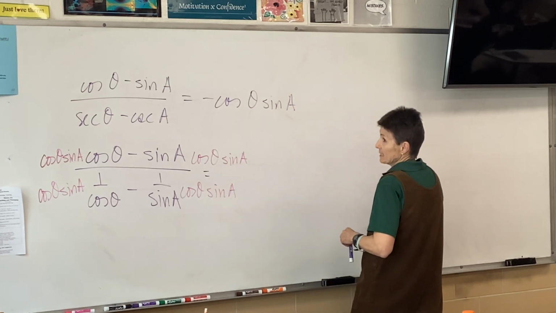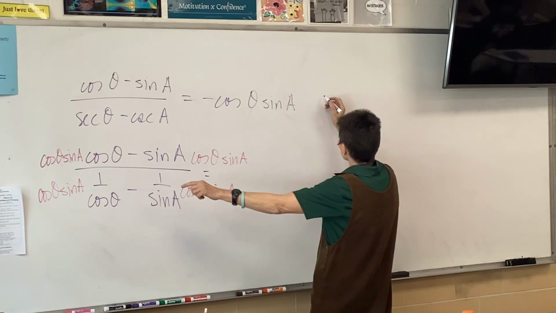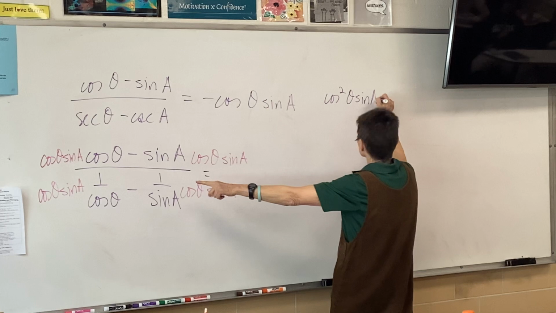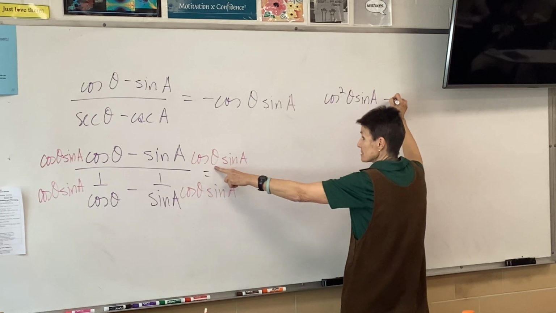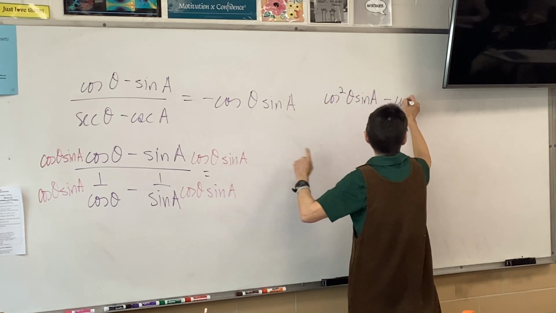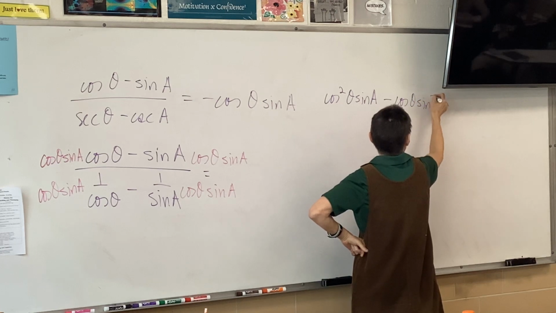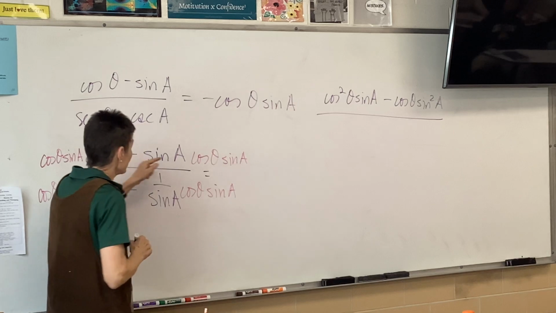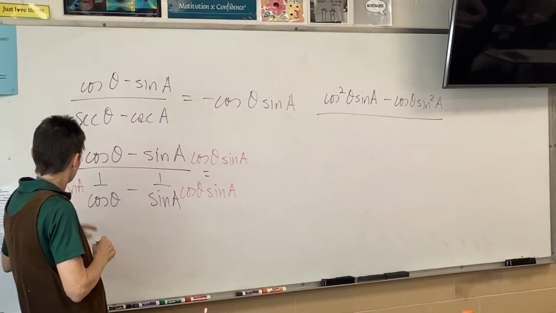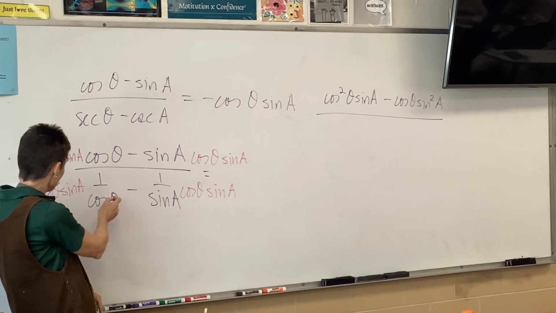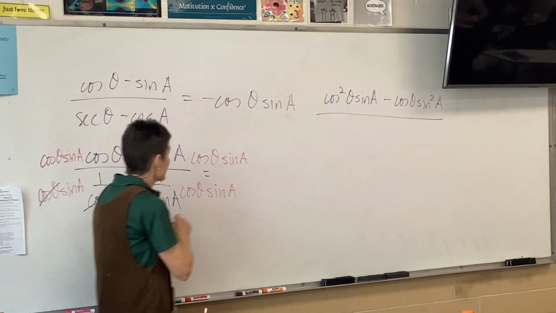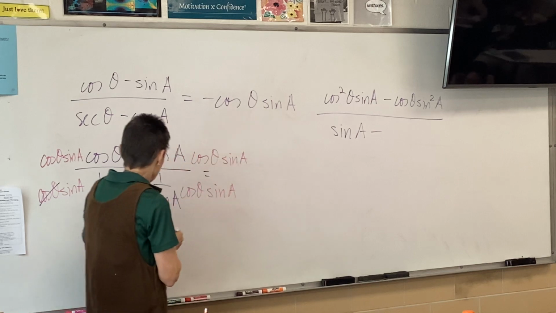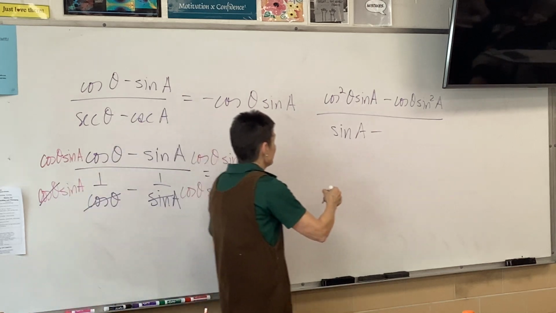There weren't any denominators on the top, so I'm going to have cosine squared theta sine A minus cosine sine A squared. That's what I've got on the top because absolutely nothing cancels out. Down here it does cancel, so I'm left with sine A minus cosine theta.